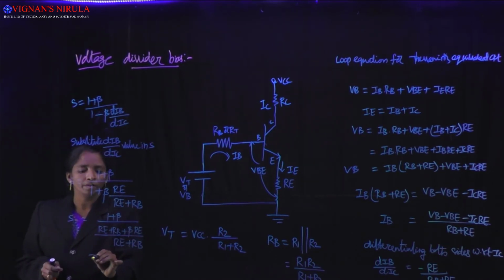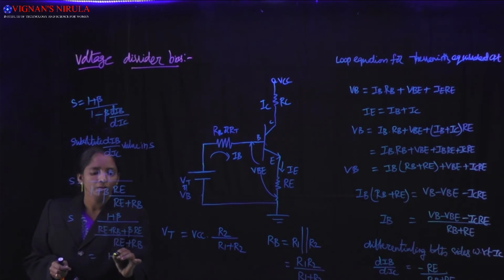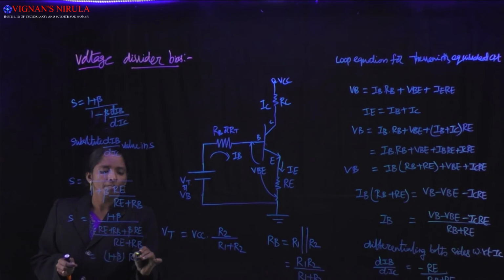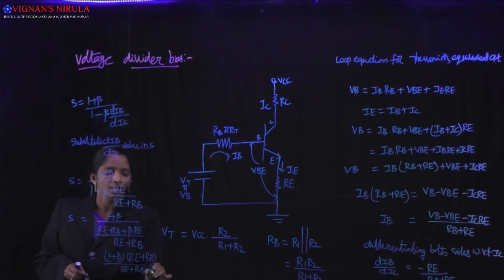After cross multiplying, we are getting 1 plus beta into RE plus RB divided by RE plus RB plus beta RE.